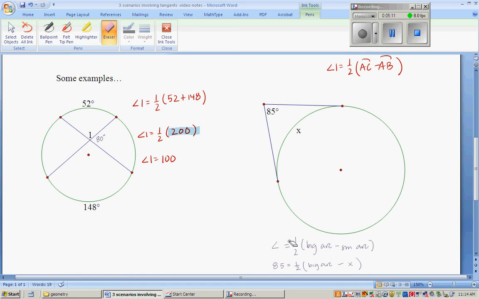So what I'm going to have us do is this. I want you to draw your radius to the point of tangency. And I want you to think, what do you know about that angle from what we learned about tangents the other day? If you have a radius drawn to the point of tangency, recall that it forms a right angle.